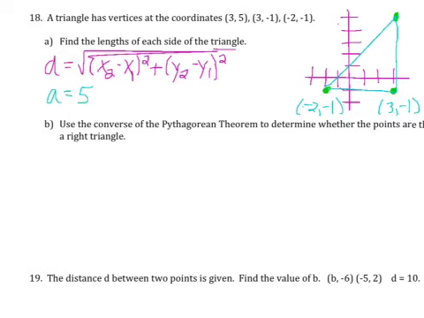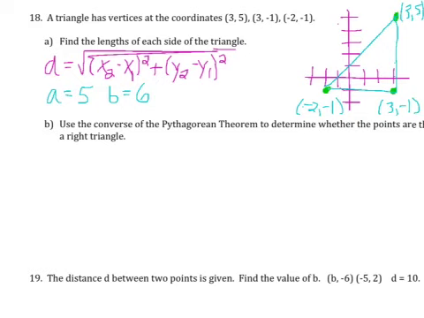And it looks like it's pretty easy to tell the distance between (3, -1) and (3, 5). So we can count up 1, 2, 3, 4, 5, 6. So we can say that that's side B. But we don't really know the distance between (-2, -1) and (3, 5) because it's not a straight line. But we can use the distance formula to help us figure that out.